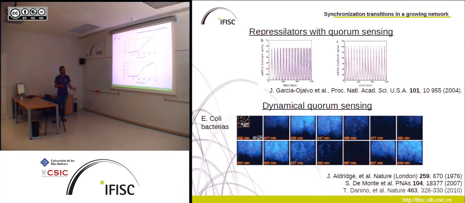Okay. So those are the main ideas behind crowd synchrony. On the other hand, quorum sensing was introduced in biology to talk about the production and release of signaling molecules between different cells using the surrounding medium.